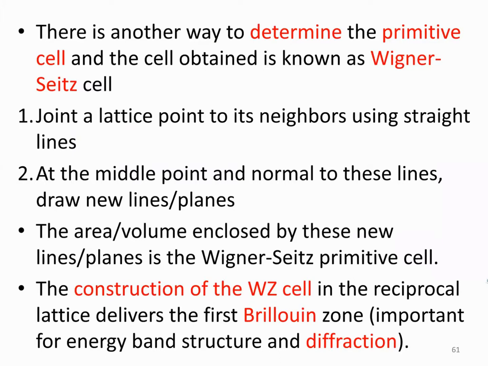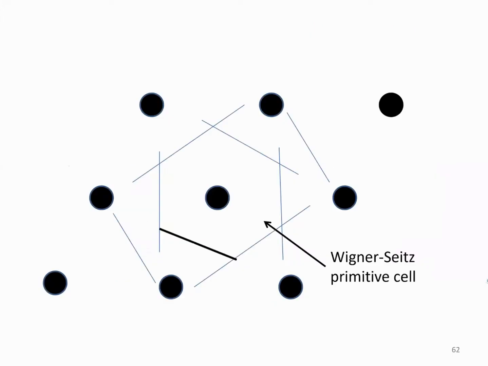Next, the area in 2D, volume in 3D enclosed by this new line in 2D, plane in 3D is the Wigner-Seitz primitive cell. So the construction of the Wigner-Seitz cell in the reciprocal lattice delivers the first Brillouin zone, which is important for the energy band structure and diffraction. Okay, this is how we draw it.